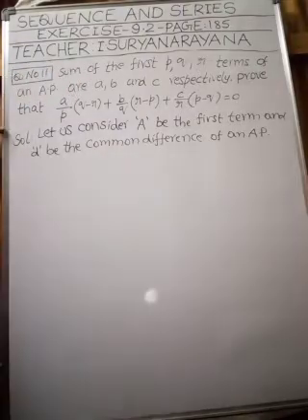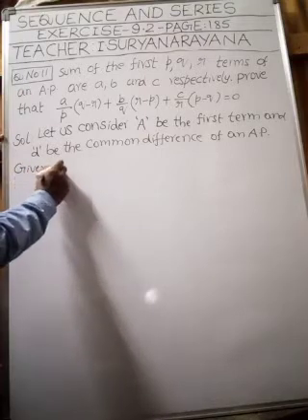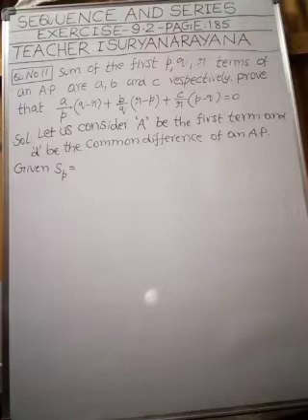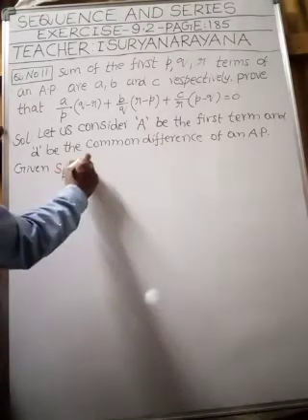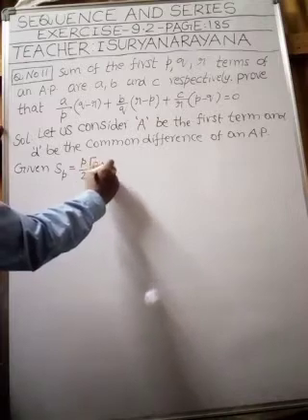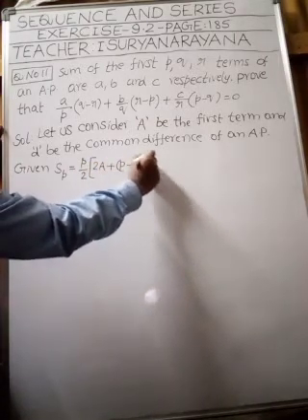The sum of the first P terms is given as SP. Here I am writing directly. SP is equal to P by 2 into 2A plus P minus 1 into D. Yes or no?